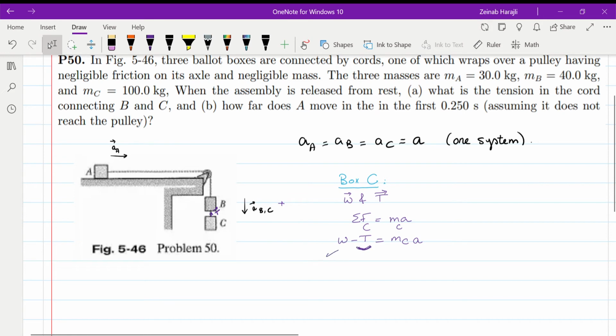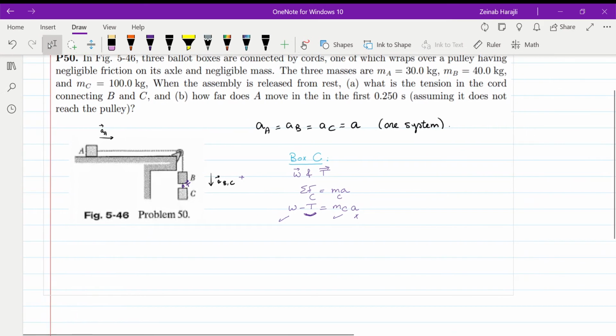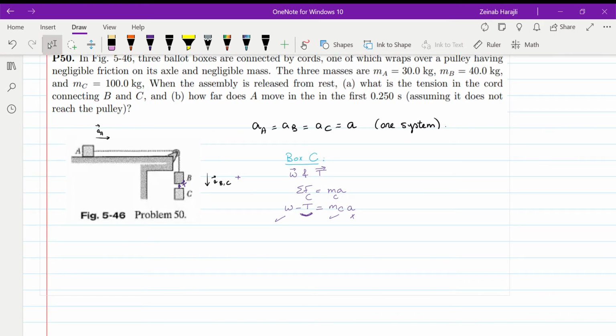We have the weight, we can calculate it from the mass. The mass here is given, but we don't have the acceleration. So studying box C alone will not be enough. If we look at the other boxes that we are given, maybe we can get some more equations that we can use to eliminate the unknown that we have here.